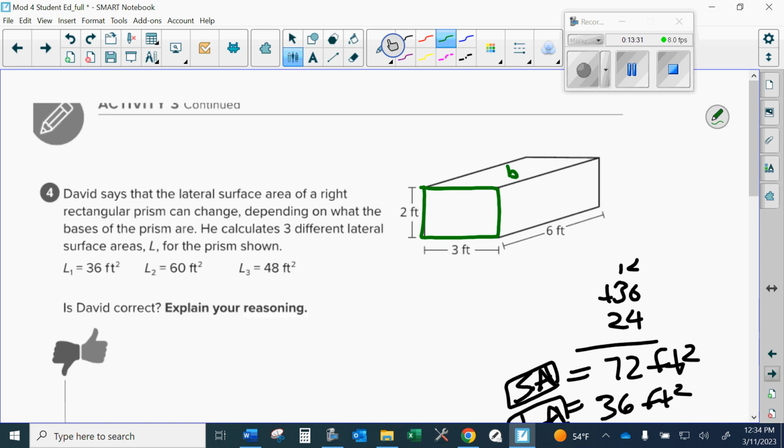Remember, this is the base, and then the one you don't see back there is a base. Base 2, base 1. We have lateral area there, lateral area there, we'll call it 1, 2. It's not the same as this 1 and 2. And then this lateral area here, 3, and the back side, the back lateral 4.